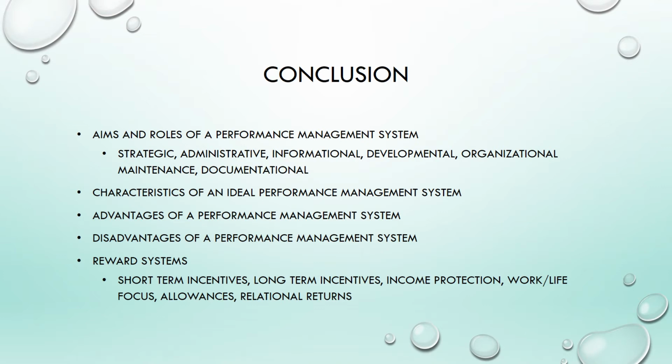And as a part of performance management systems, there are reward systems that have a variety of different rewards, such as short-term incentives, long-term incentives, income protection, work-life focus, allowances, and relational returns. This is why these systems are continuous, so they can continue to grow and develop.